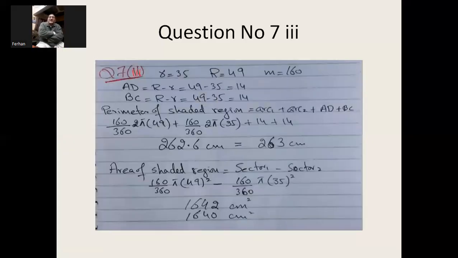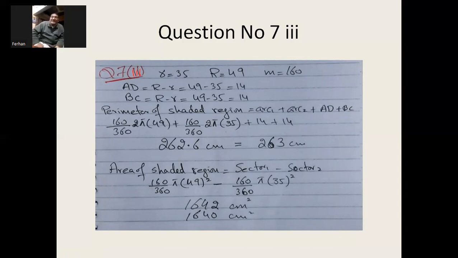So the small radius here is 35, the big radius here is 49. The angle subtended at the center is 160 degrees. AD will be equal to the capital R minus the small r, and that will be 49 minus 35, and that will be 14. The perimeter of the shaded region is arc 1 plus arc 2 plus AD plus BC. It is the same procedure which we have done in the first part and the second part.